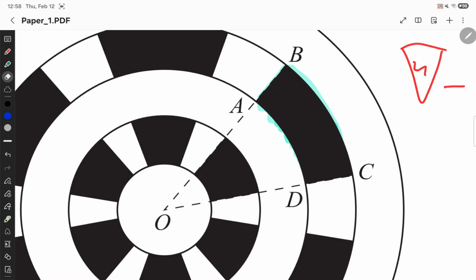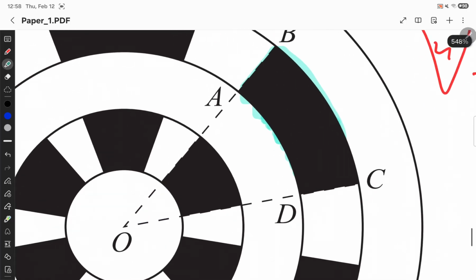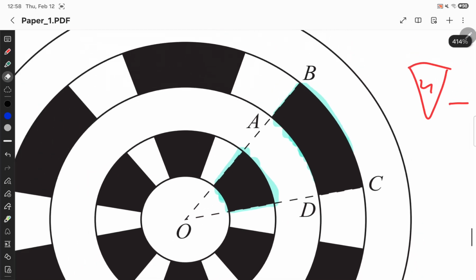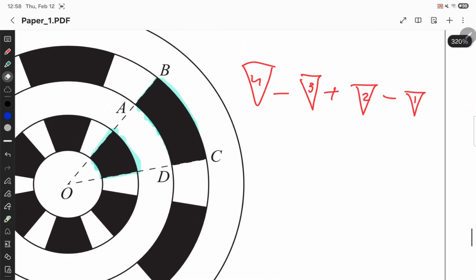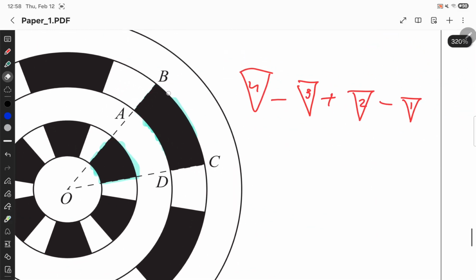We are left with this black area, and if we add 2 centimeters to it, we will find this. But if we remove the 1 centimeter from this, then we are left with these black areas also. So this is how this calculation works.